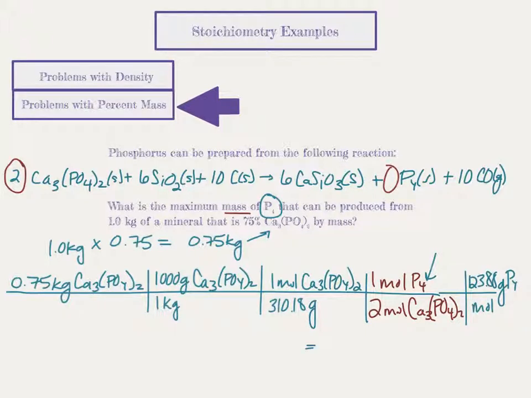We will do our fancy math and multiply in a calculator across the top and divide by each number on the bottom to get a final answer, which gives us 149.76. Looks like in our question we need to round down to 2 sig figs, so I'm going to say that this is 150 grams of P4.